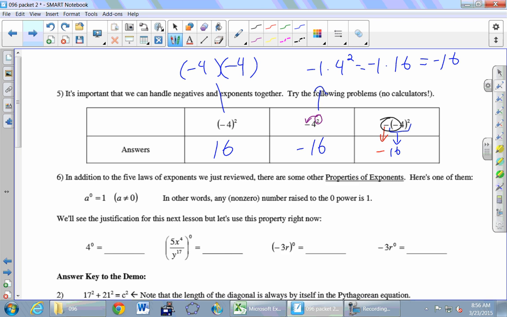Negative, negative makes a positive. Because if you just cancel them, what will you get as your answer? You'll get +16, which is not right. So how come you can't say negative, negative makes a positive? Well, you can, but you're not allowed to ignore the order of operations. That exponent needs to come before the first negative has anything to do with this problem. Again, lots of ways to get these guys wrong, and only one right answer.